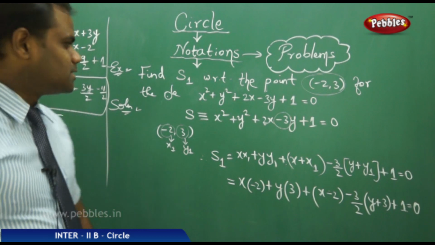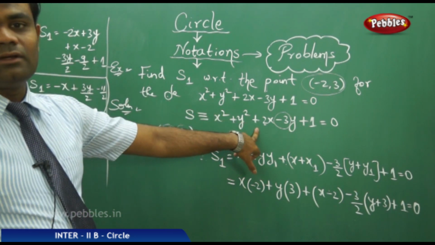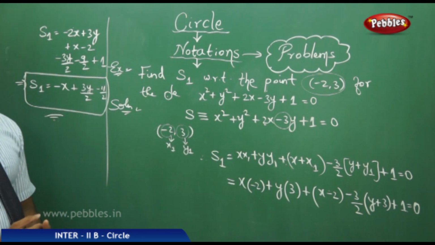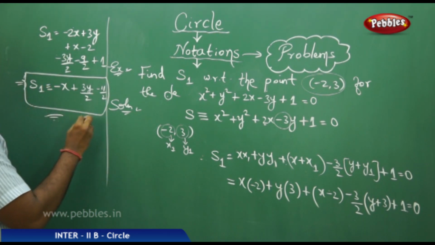So as we can clearly see, the circle, which is a second degree equation, reduces to a linear equation, that is S1. So we can see that clearly S1 is a straight line.